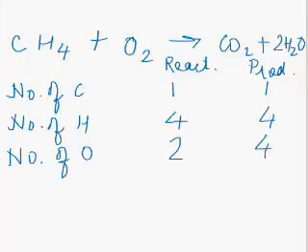So only the number of oxygen atoms is unequal now. There are 2 oxygen atoms on the left side, that is the reactant side, and 4 on the right side, that is the product side. To have 4 oxygen atoms on the left side, we multiply O2 by 2 and write it as 2O2.